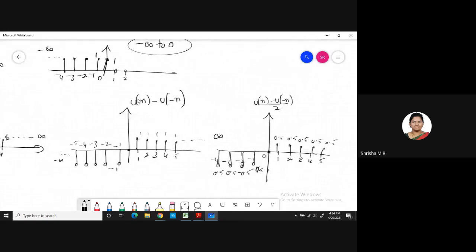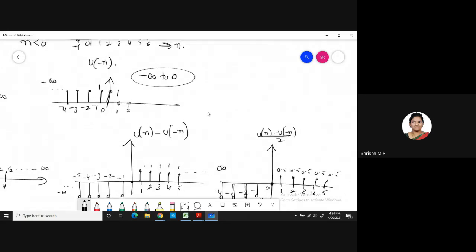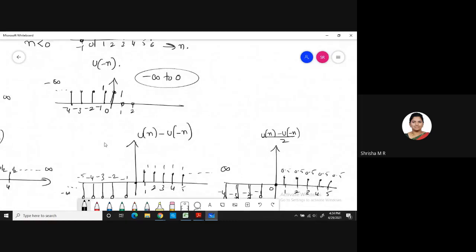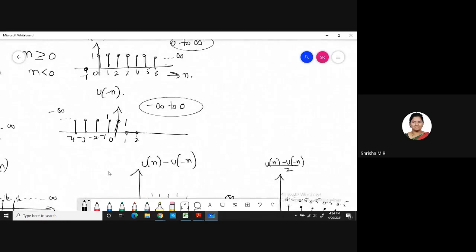Coming to the odd part, the equation is u of n minus u of minus n by 2. So first we'll do u of n minus u of minus n. Check the amplitude at each instant. At n is equal to 0, you have 1 here and 1 here. 1 minus 1 will be 0. At n is equal to 0, you'll have 0. At n is equal to 1, the amplitude is 1 here, and here it is 0.